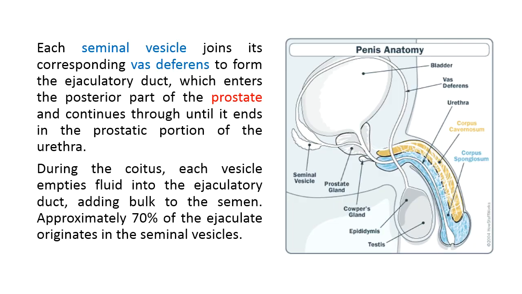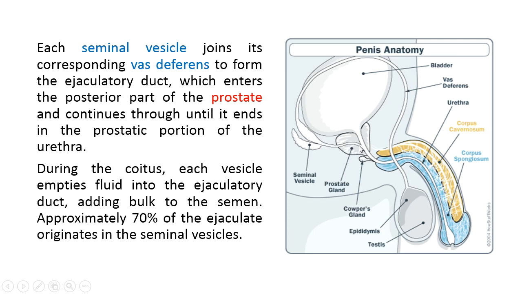Each seminal vesicle joins its corresponding vas deferens to form the ejaculatory duct. These are the vas deferens, and it will pass through the epididymis and will continue with the seminal vesicle.